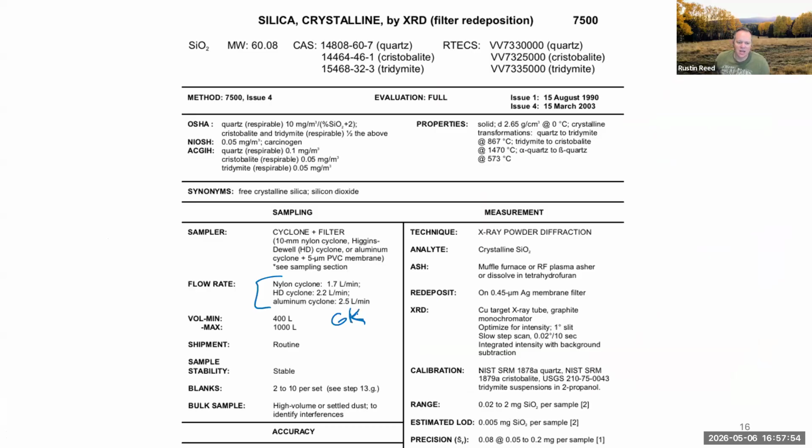So the GKs that NIOSH uses must be the flow rate that they require. NIOSH has their own analytical lab, so they may have more flexibility than you or I would. We have to do what the lab and the methods say. They have their own setup, and I don't know, but I suspect that's what the GK requires, 4.2. Good questions here.